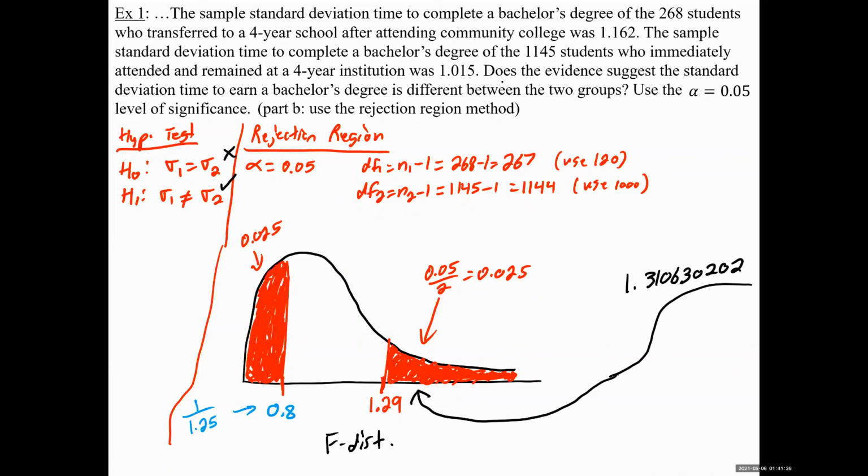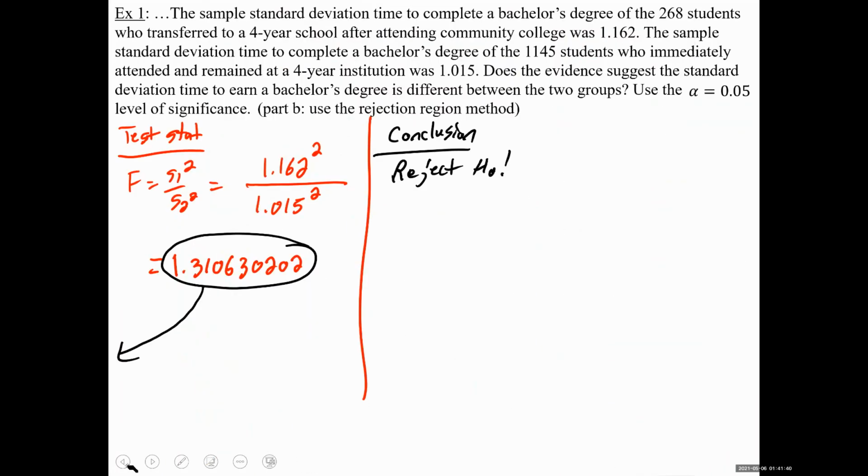But I'm going to just answer the question. The question says, does the evidence suggest the standard deviation time to earn a bachelor's degree is different? That's what the peasant is saying, they're different. Does the evidence suggest that? Yes. Evidence suggests that they are different. Okay, so that's what we're going to write here.